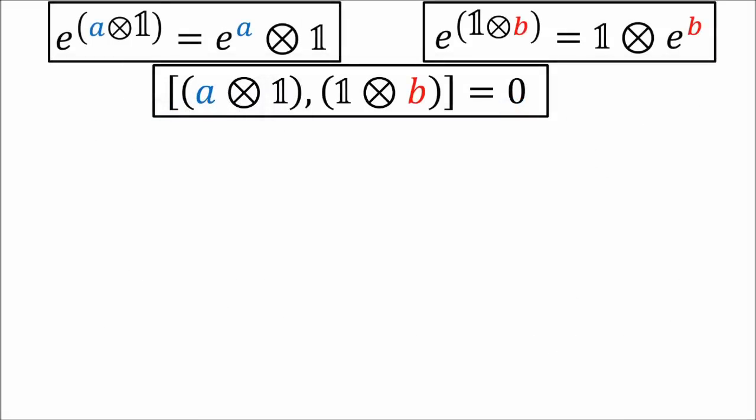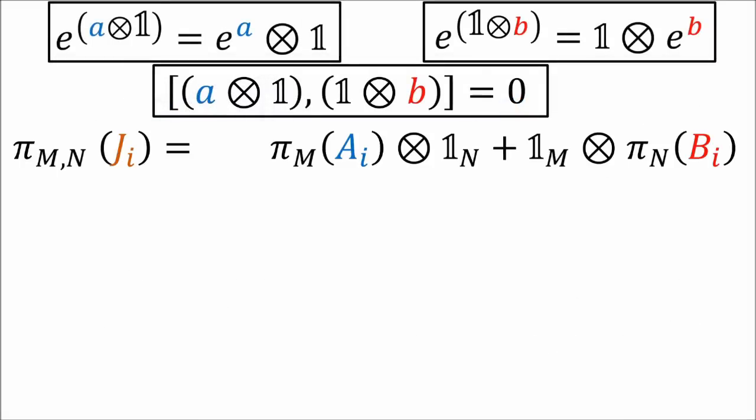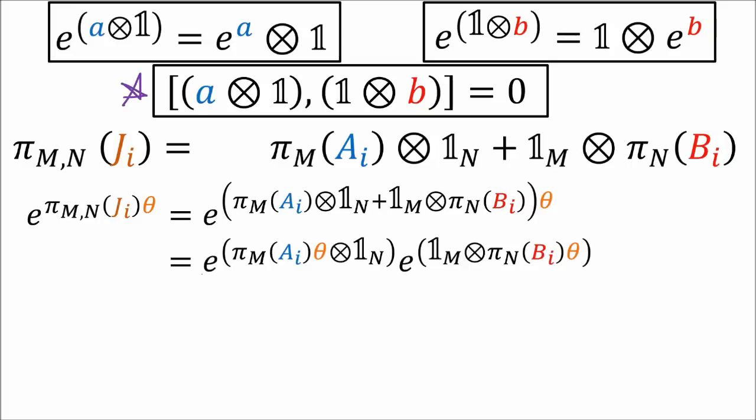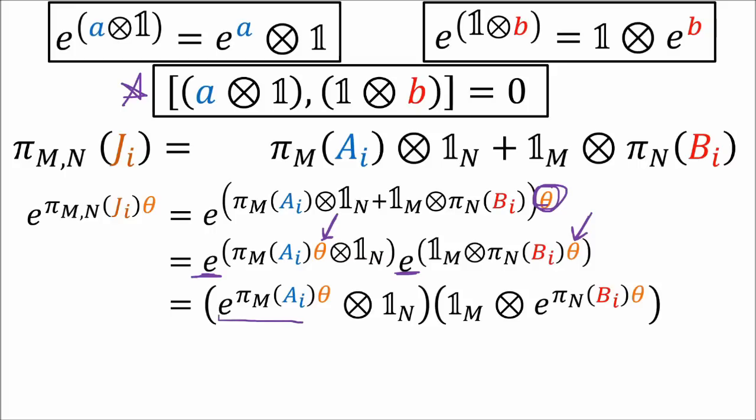Using these properties, we can now take the rotation generator representation formula and exponentiate it. We know these two terms in the sum commute, so we can rewrite it as a product of exponentials. Note that the tensor product rules require that we pass the scalar theta to only one term in the tensor product. Now we can apply the exponentials to the A and B representations.